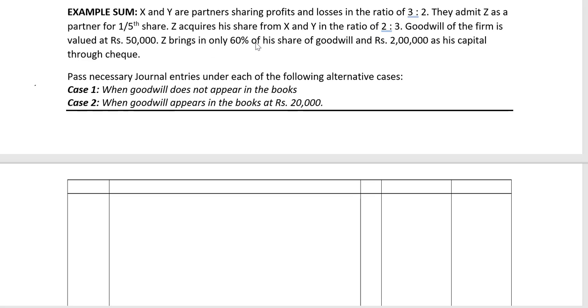Z brings in only 60% of his share of goodwill and rupees 2 lakh as his capital through cheque. Pass necessary journal entries under each of the following alternative cases. Case 1 says when goodwill does not appear in the books, and case 2 says when goodwill appears in the books at rupees 20,000.